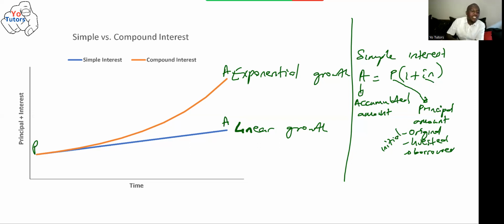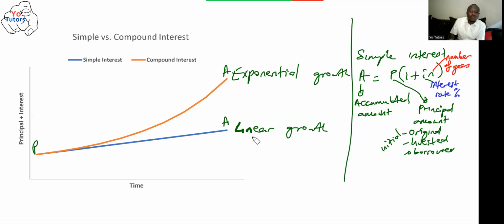Our i is our interest rate, and you work with it as a percentage. What about n? n is the number of years.